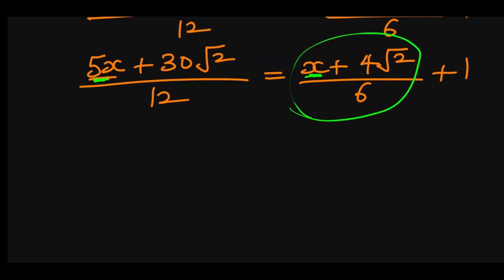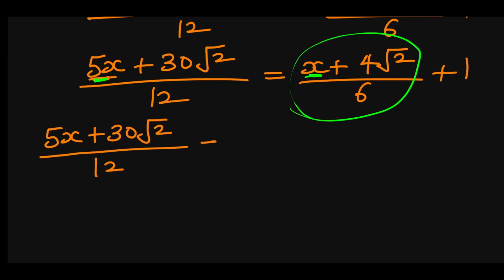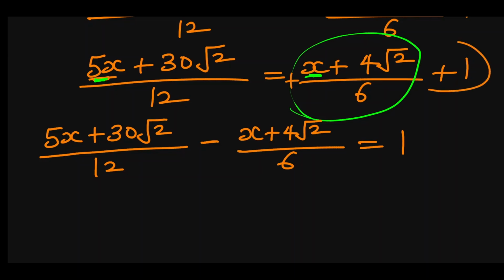So this now gives us 5x plus 30 root 2 over 12 minus, remember this entire term has a plus here, so when it moves to this side it becomes minus, so minus x plus 4 root 2 over 6 is equal to 1. That is this one here.